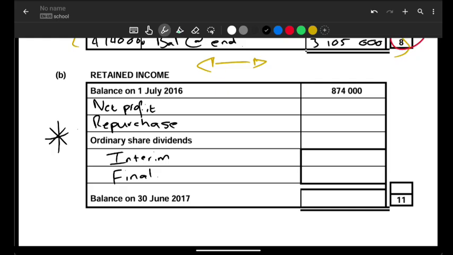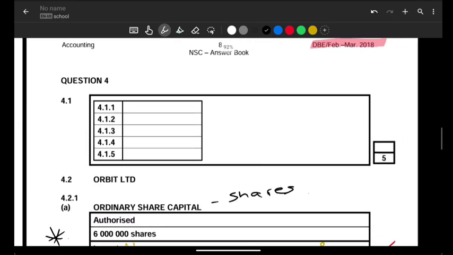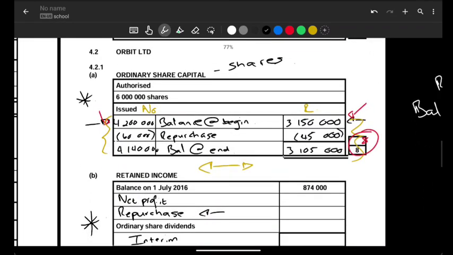This will never change. Right, if you never repurchase shares, then nothing comes in here. When you issue shares, it only goes to ordinary share capital. The same way, this format would never change. The only thing that would change is you adding one line here for issuing new shares.